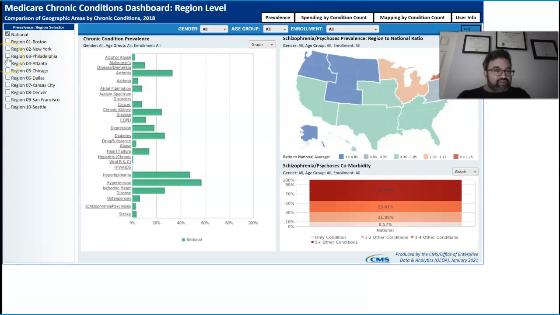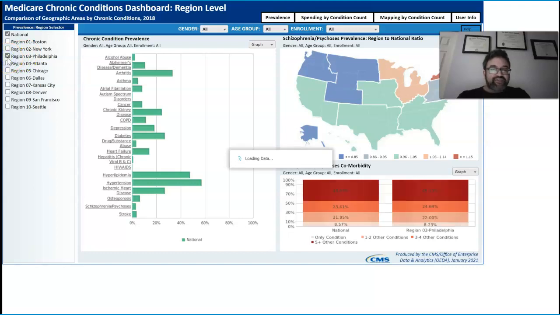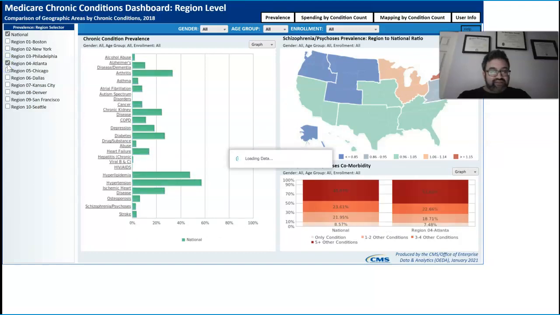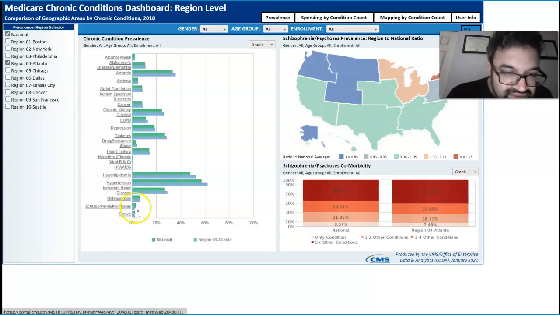Let's start with Philly and see what schizophrenia rates look like. It's about the same rate. Hypertension is a little bit more, hyperlipidemia is a little bit more, and arthritis is more, but we already saw that in the Pennsylvania data.